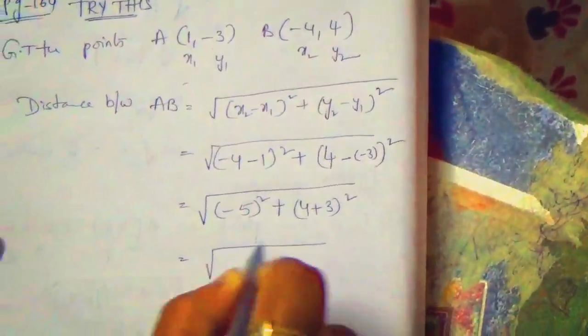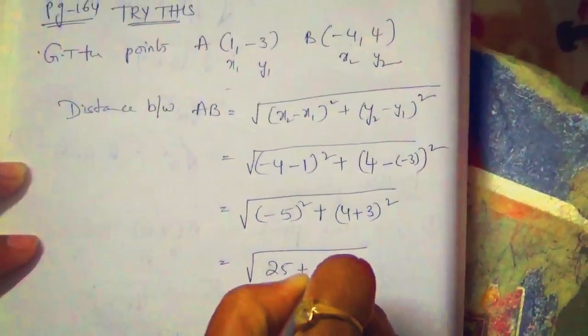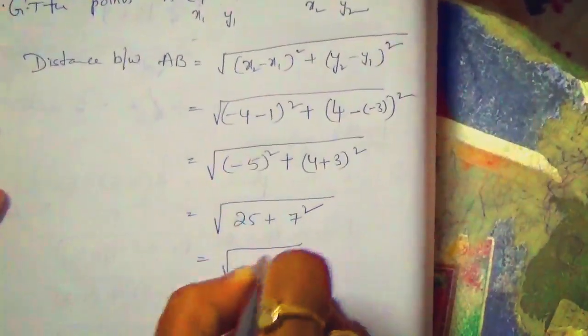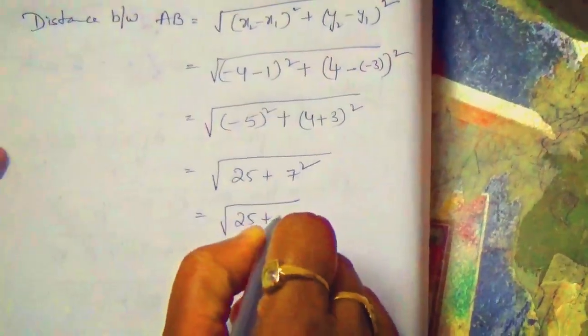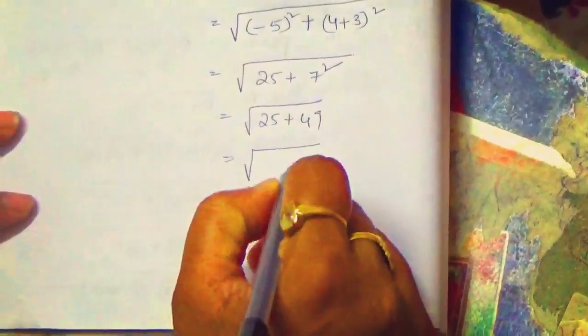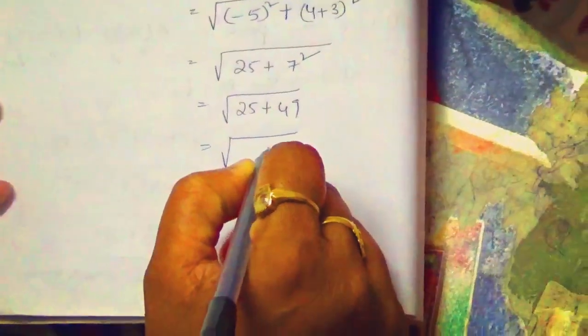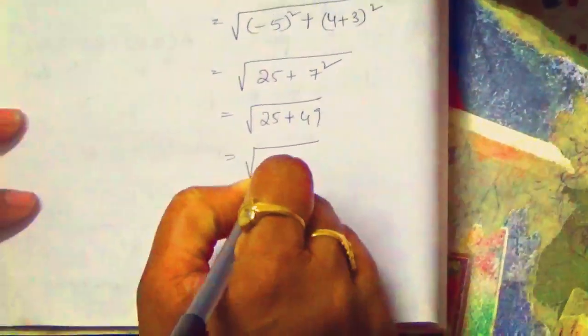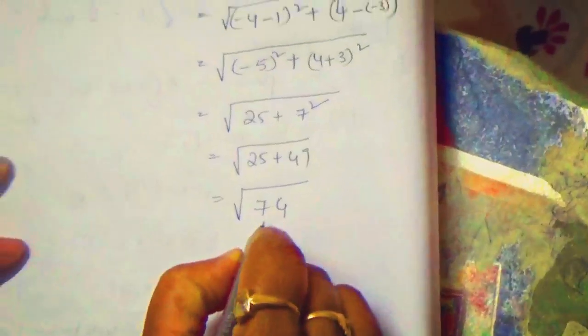That is equal to the square root of 25 plus 7 square. That is equal to the square root of 25 plus 49. That is equal to the square root of, by addition of these two, 74.